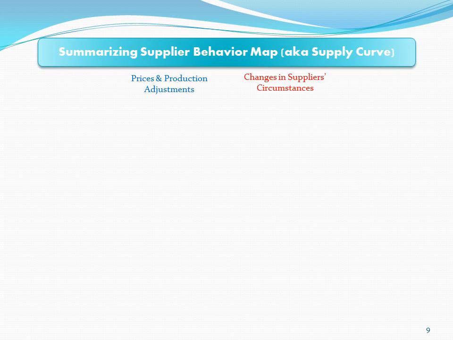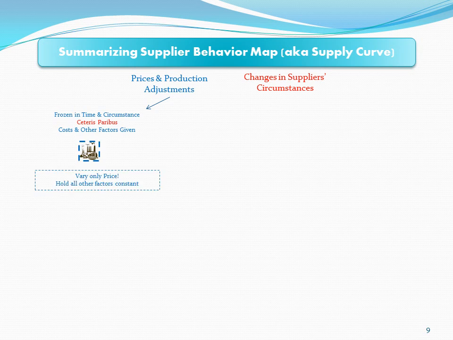So just to summarize that behavior in the map of supplier behavior, let's look at prices in the production process, ceteris paribus. Again, it's the short run. The number of firms is held constant.